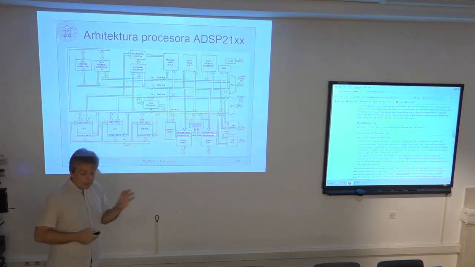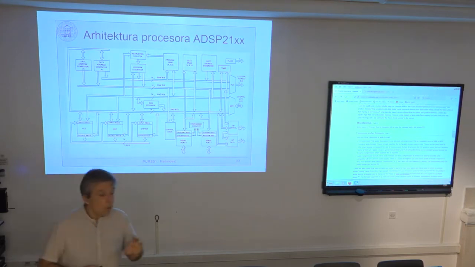In this particular case, the data space is only 14 bits wide. So 16,000 locations were sufficient for this DSP, because the actual memory was only 1 kilobyte, let's say. For the first version of this DSP, they had only 1 kilobyte of memory for data space.